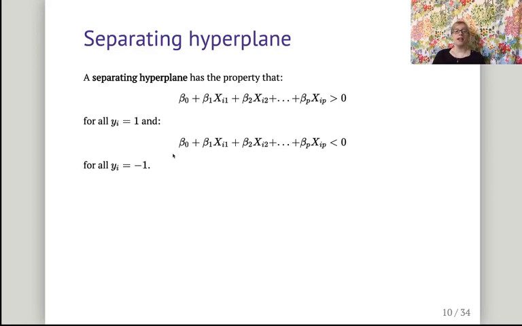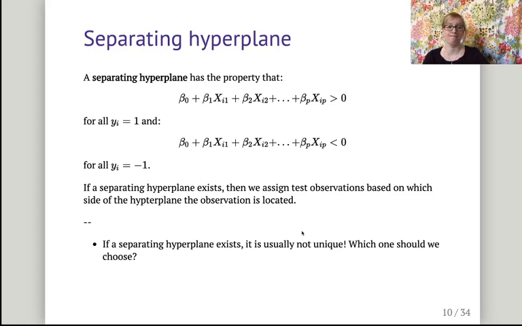This separating hyperplane is essentially a perfect classifier. For all y equal 1, so everything in that one category, we always will end up with a regression equation or a prediction above the hyperplane. For everything in the -1 category, we'll always end up with a prediction below the hyperplane.